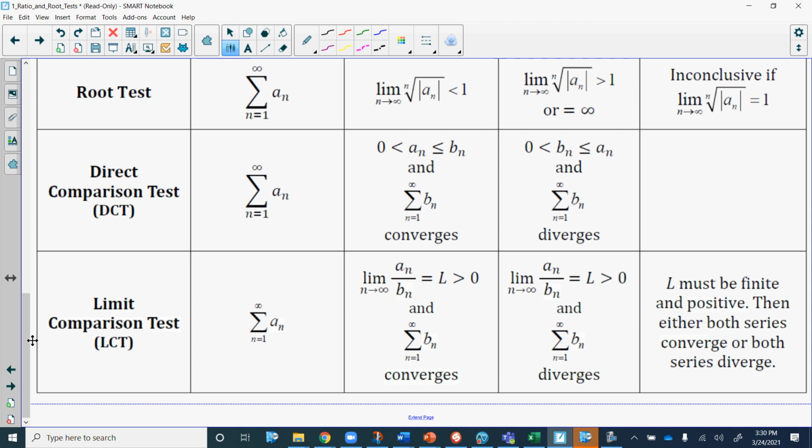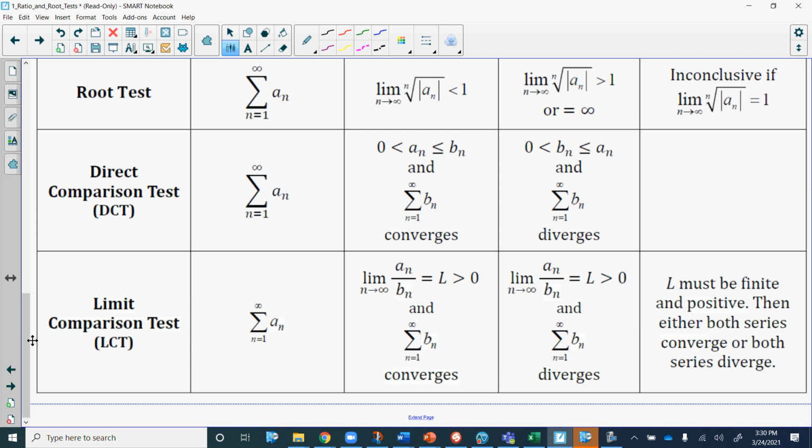Remember the direct comparison test basically said if you had a smaller series that diverges, then the larger series must also diverge. If the larger series converges, then the smaller series must also converge.